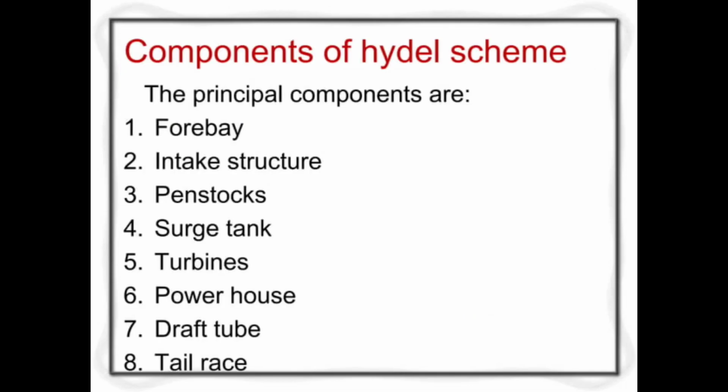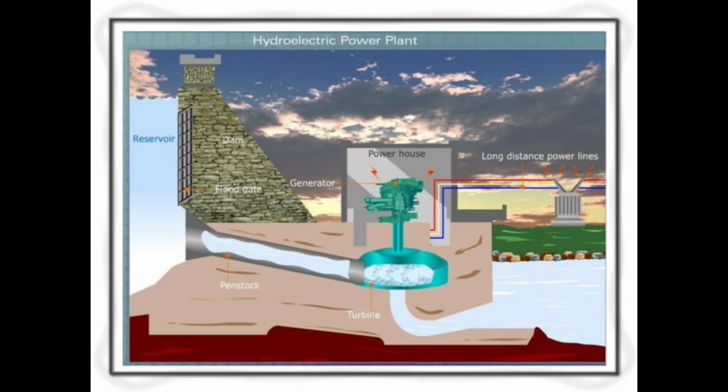Components of a hydel scheme. They are forebay, intake structure, penstocks, surge tanks, turbines, powerhouse, draft tube, tail race. So this is one more schematic diagram of this hydroelectric power plant.